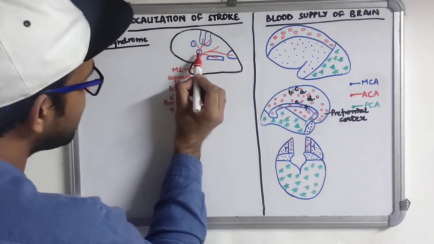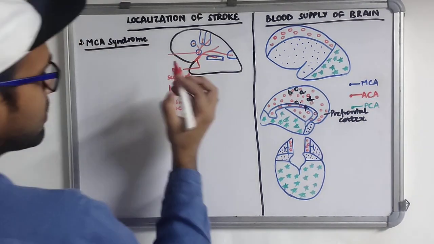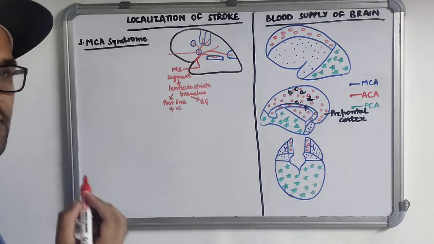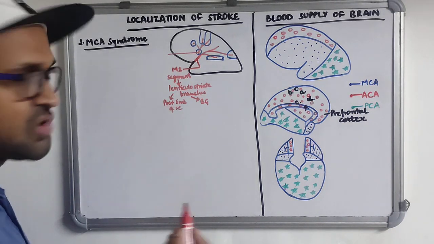This is the superior division of the middle cerebral artery. The middle cerebral artery gives two divisions in the sylvian fissure, the superior division and the inferior division.